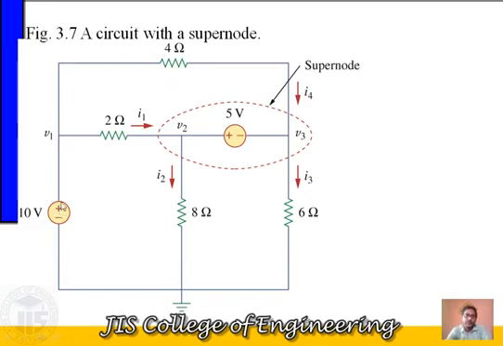This 10 volt source is connected between this reference node and one non-reference node. We have considered this one as a reference node. You can consider this one or this one as a reference node also, no problem at all. As we have considered this one as a reference node with 0 potential and a voltage source is directly connected over here, V1 is 10. So this voltage is 10, that we can write.